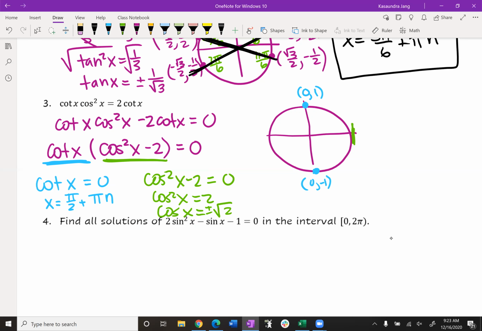So for that reason, I actually have no solution from this factor. The only solution that I had was the cotangent of x. That gave me a solution, but that was it. And you can probably tell if you tried to do cosine inverse of root 2 in your calculator, it probably says error or something like that.